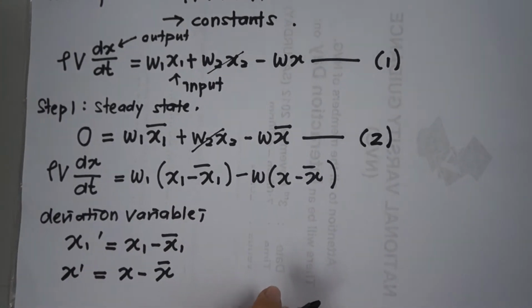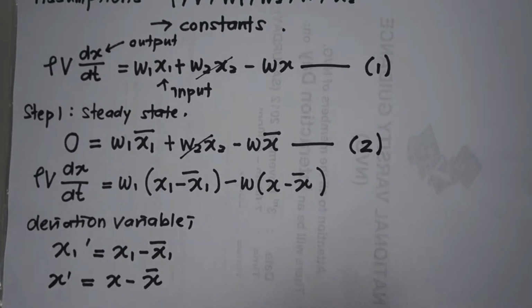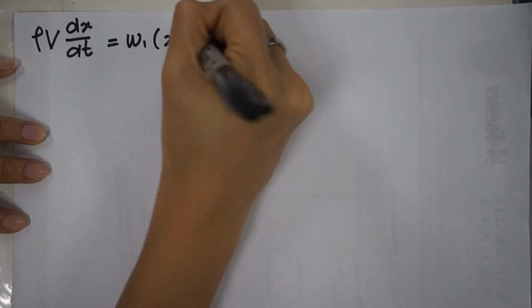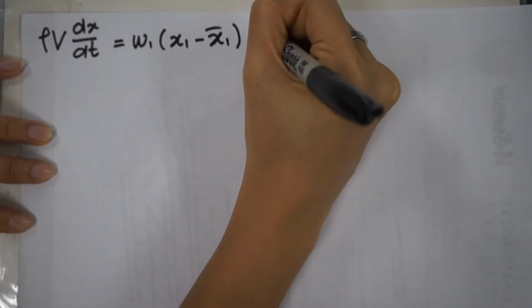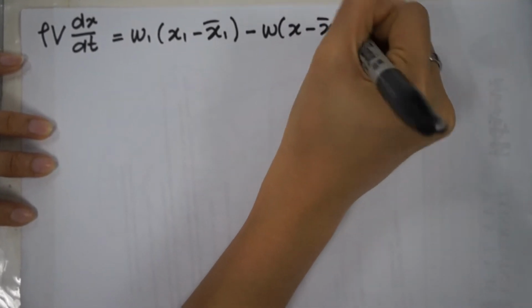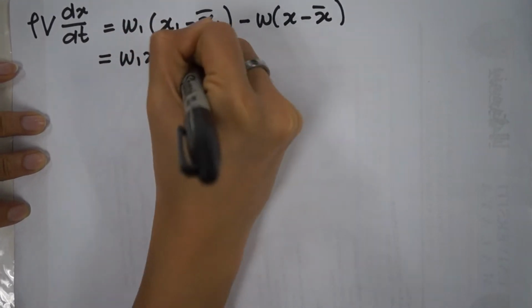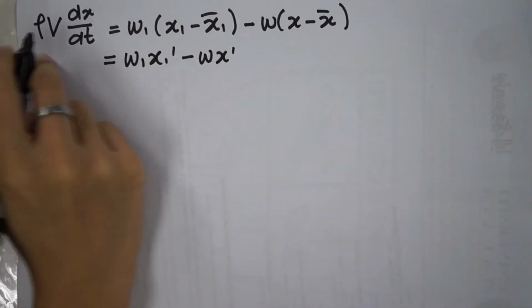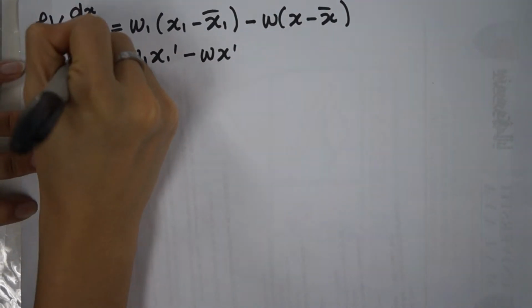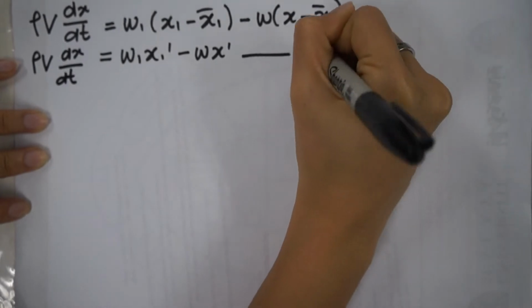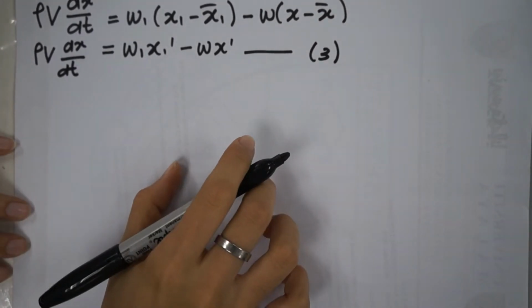Now for equation 2, we copy back the earlier equation, which is this. After putting in the deviation variables, you should get this. We define this as equation 3. Now we have all this.